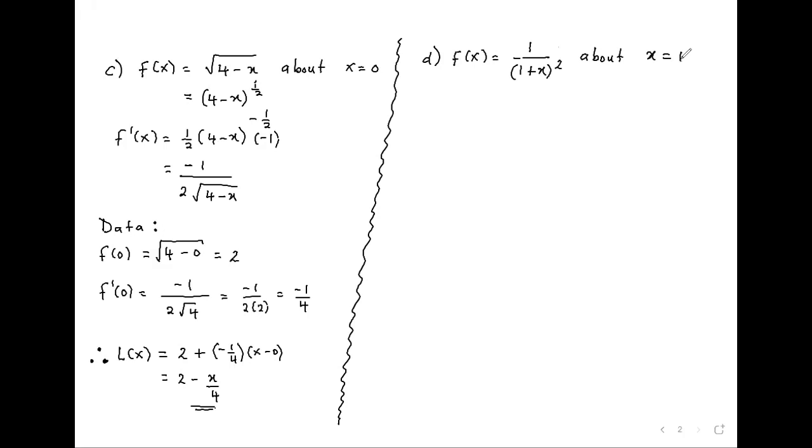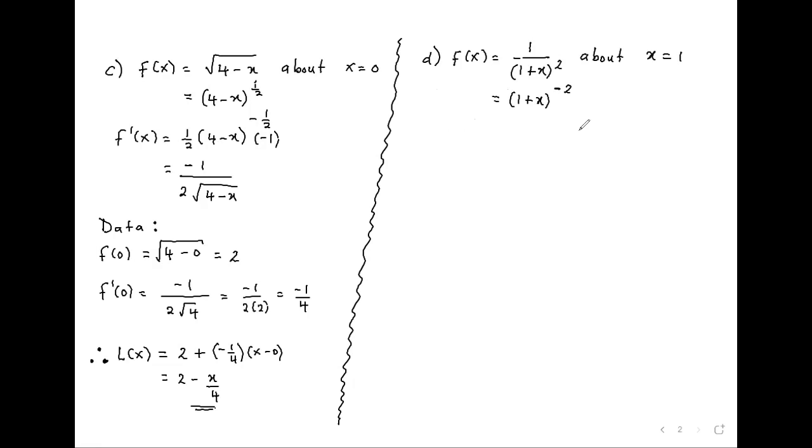x is equal to 1. So let's start with the derivative. Before we differentiate, maybe we can write our function as 1 plus x to the power -2.